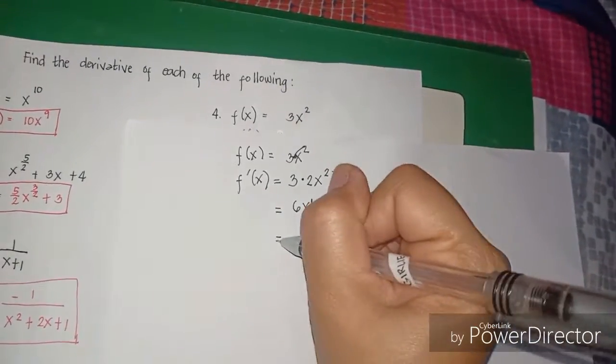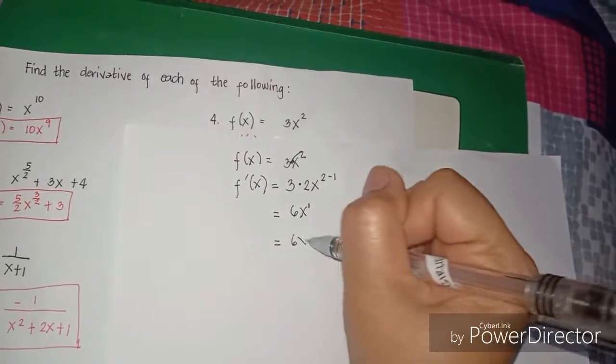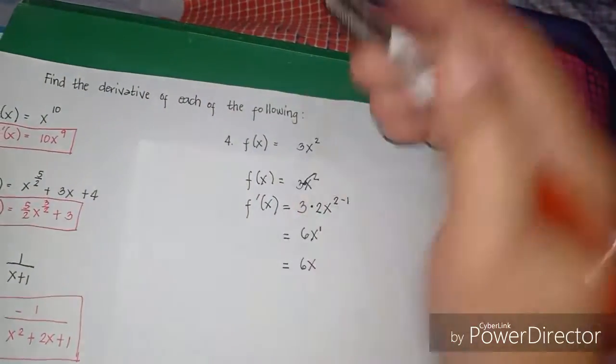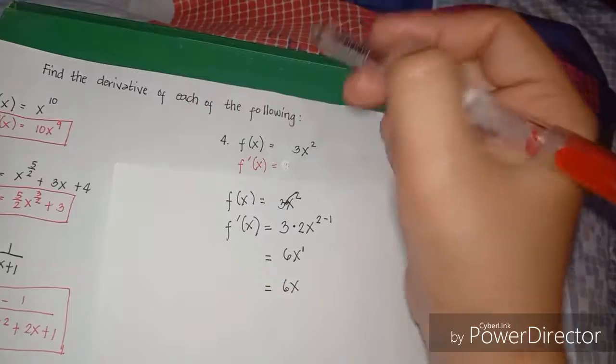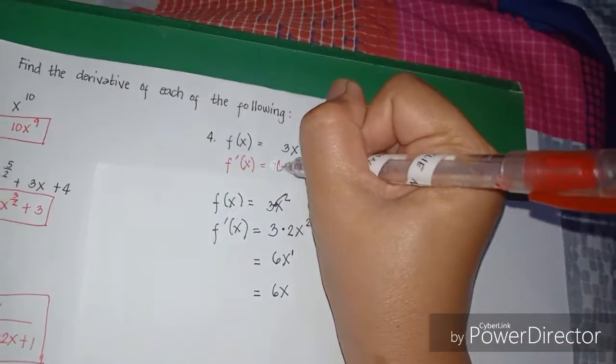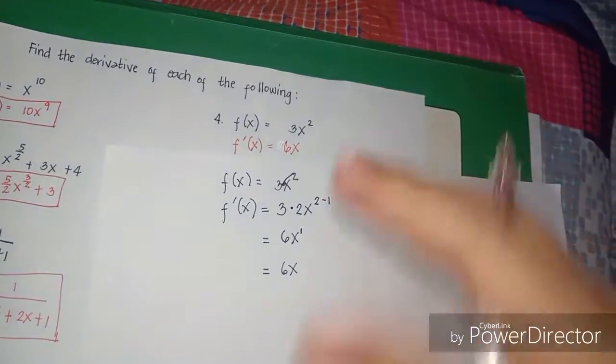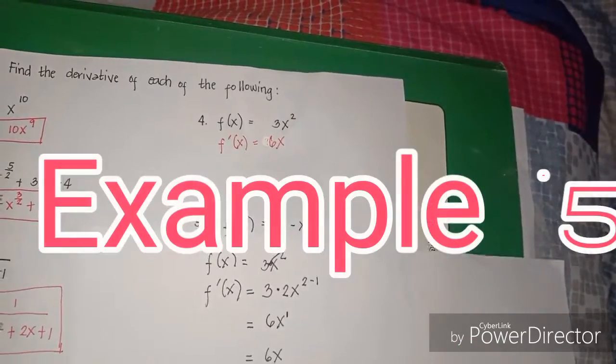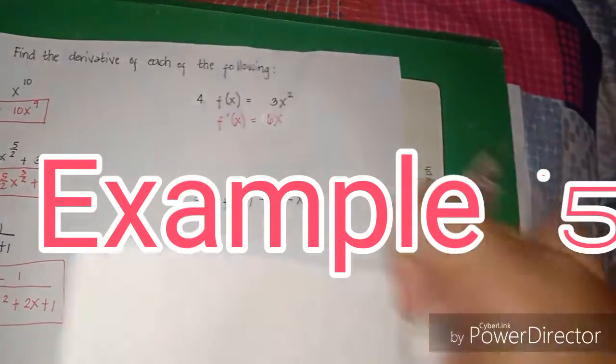So again, that would be equal to 6x. So the derivative of the given function in number 4 is simply equal to 6x.